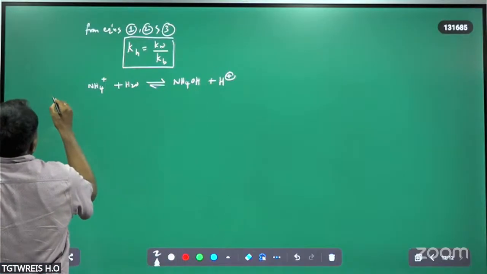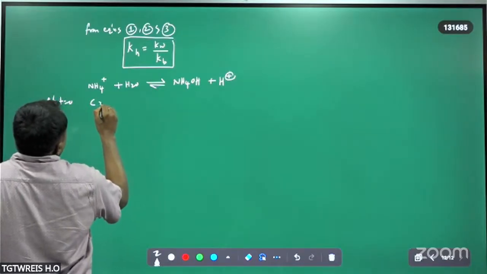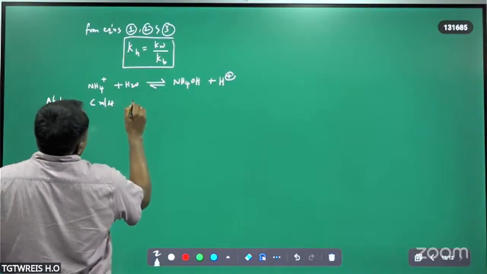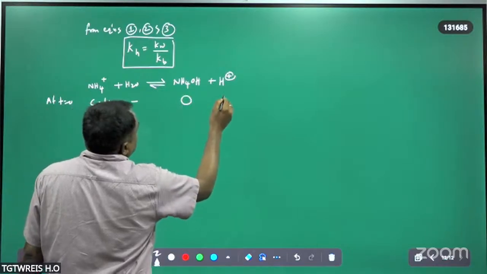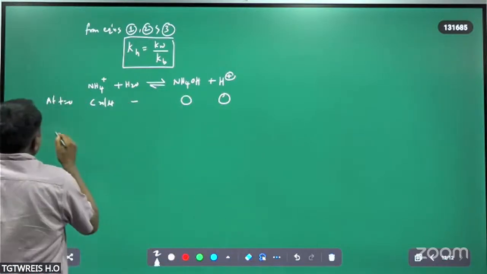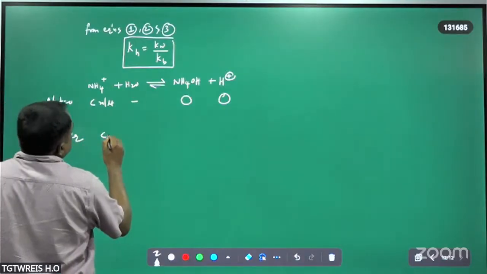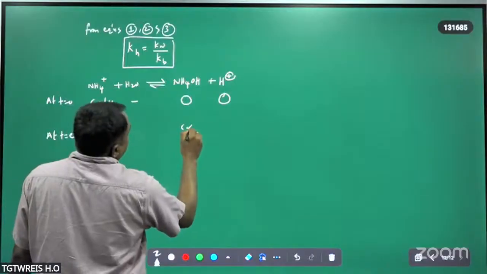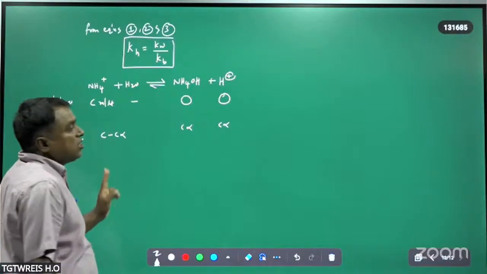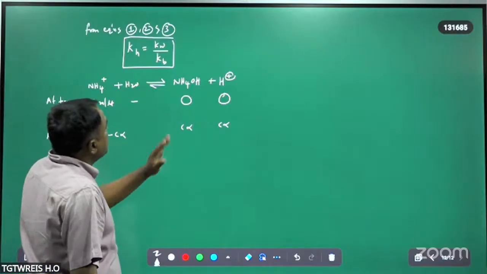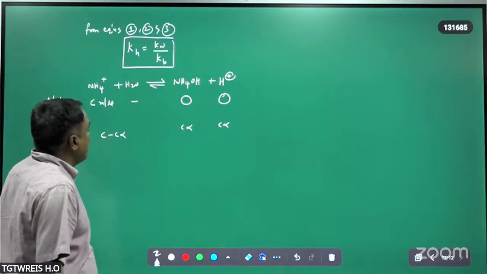Let us take at time t equal to 0 this as C moles per liter, water, and 0 and 0. After establishment of the equilibrium, this will be C minus C alpha, C alpha, and C alpha. By consuming C alpha, the leftover amount of NH4 plus will be C minus C alpha.